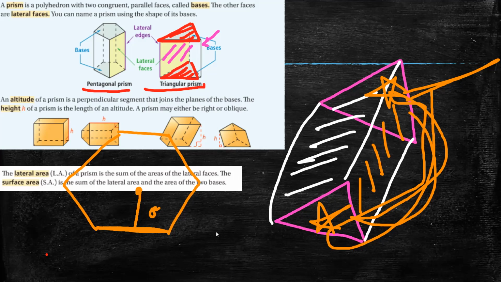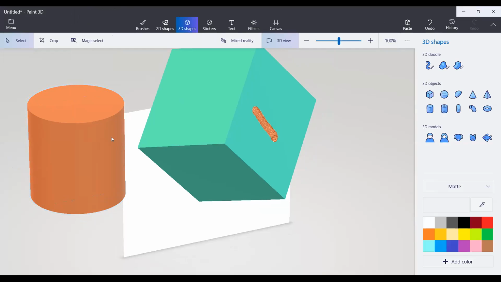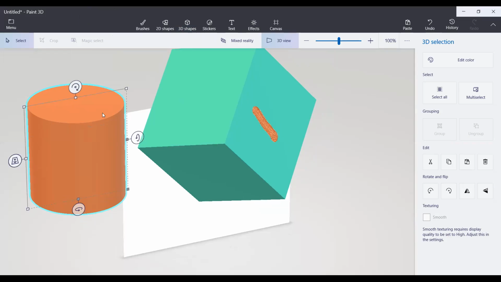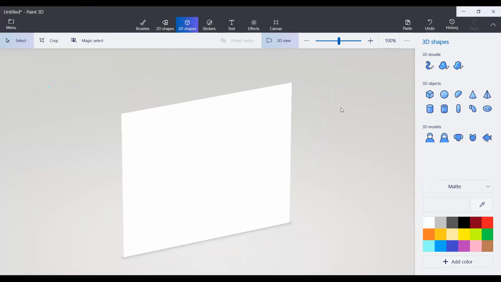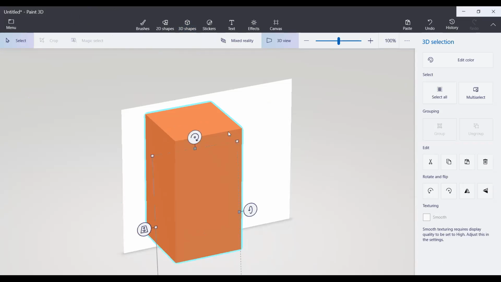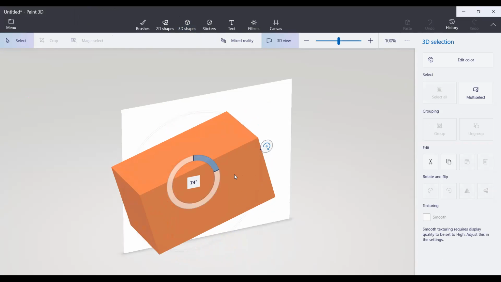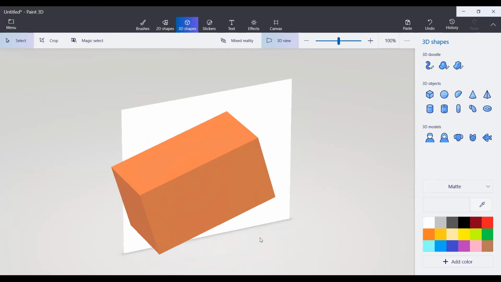What does it mean? Let's come back now here. So we said that this is a face, and this is a face.